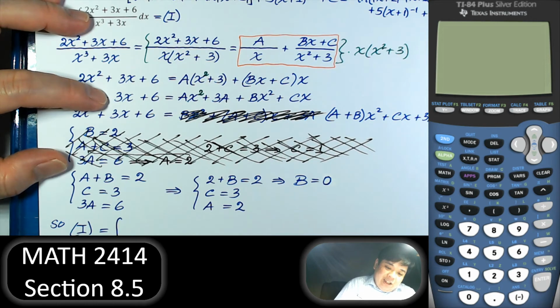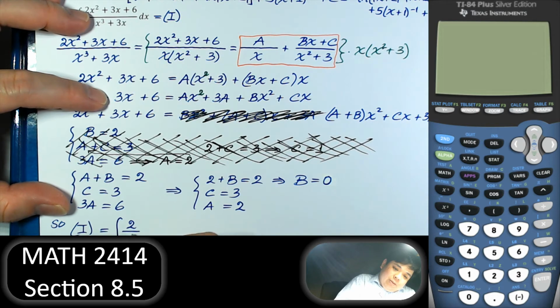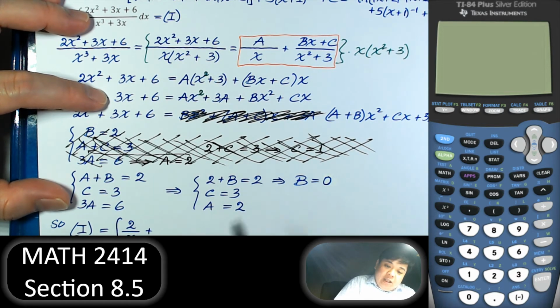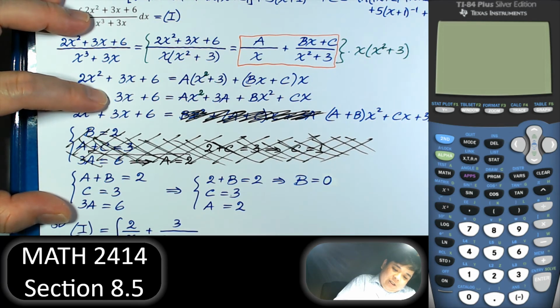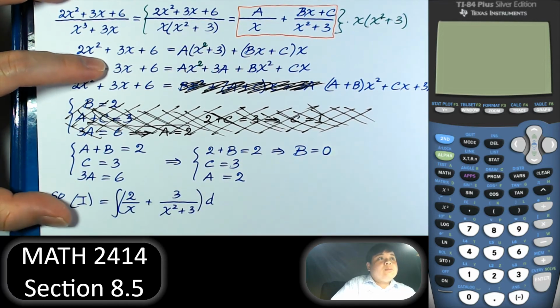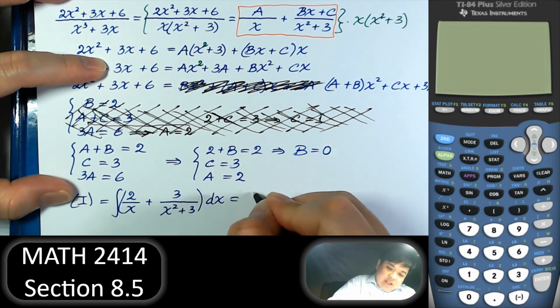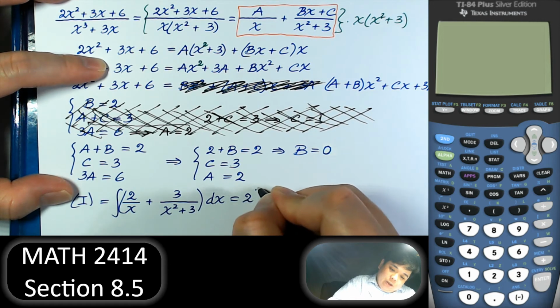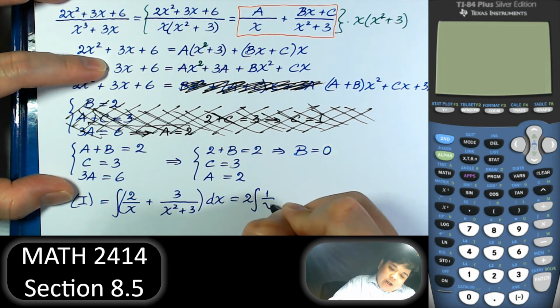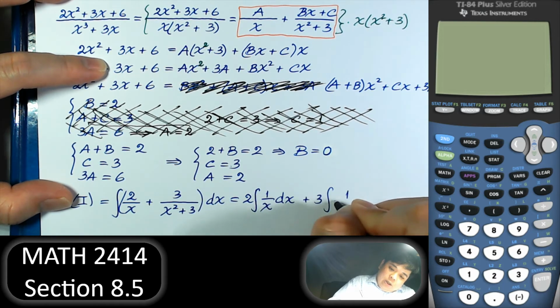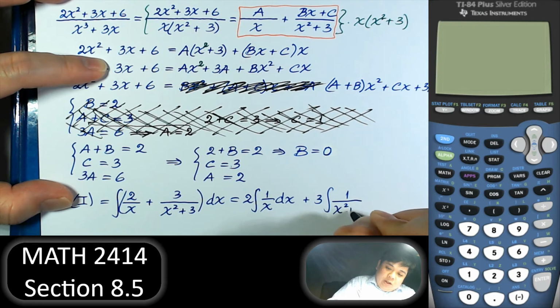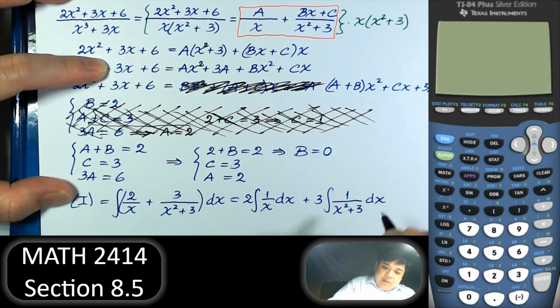A equal to 2, B 0, C 3. Right, and we can split this out. 2 times the integral of 1 over x dx, and then 3 times the integral of 1 over x squared plus 3 dx.